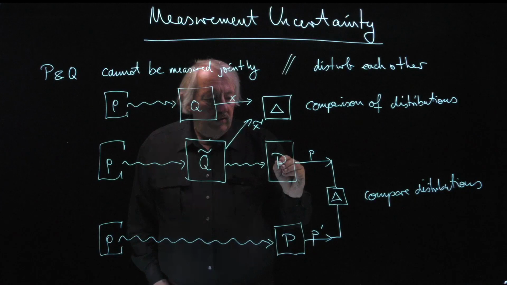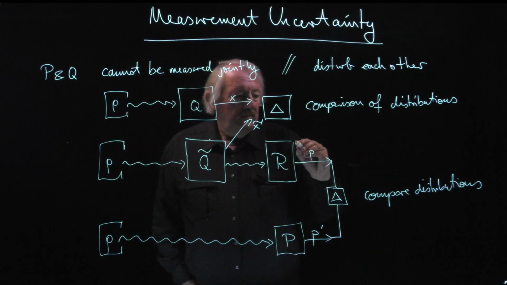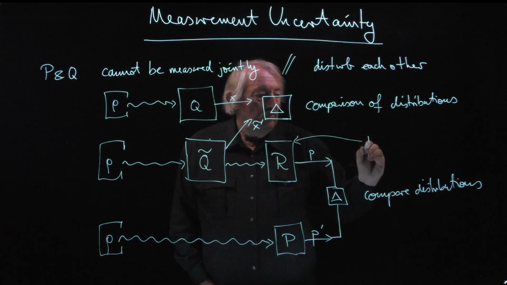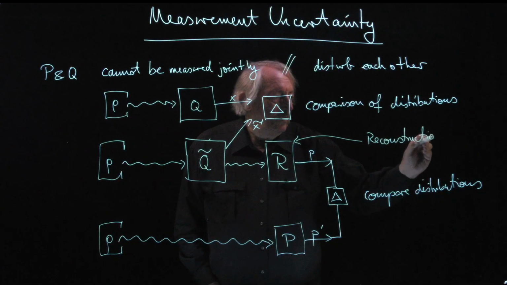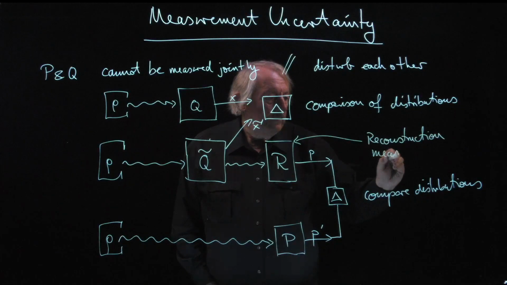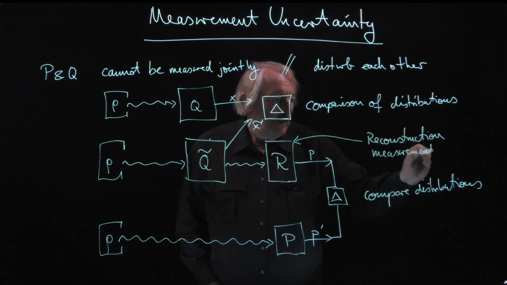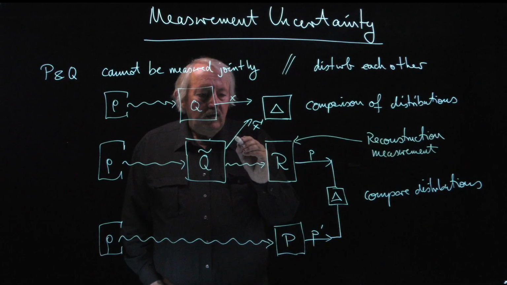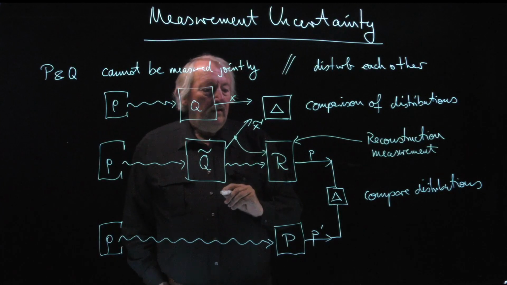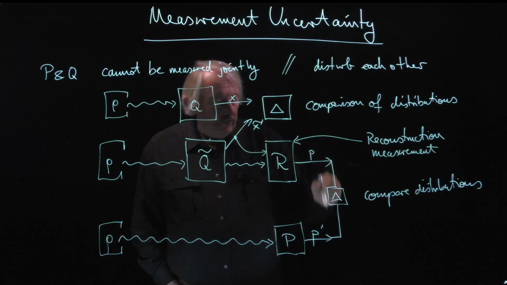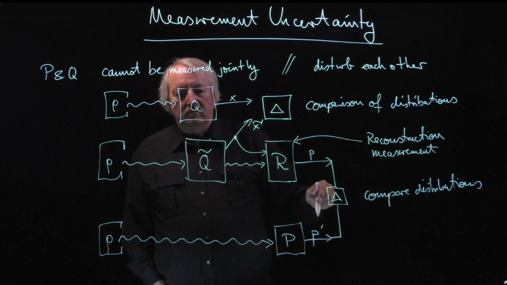So what we do here is, this thing here is a reconstruction measurement. And let me describe it for you. So this is a device that is purpose built to perform well in this kind of comparison.